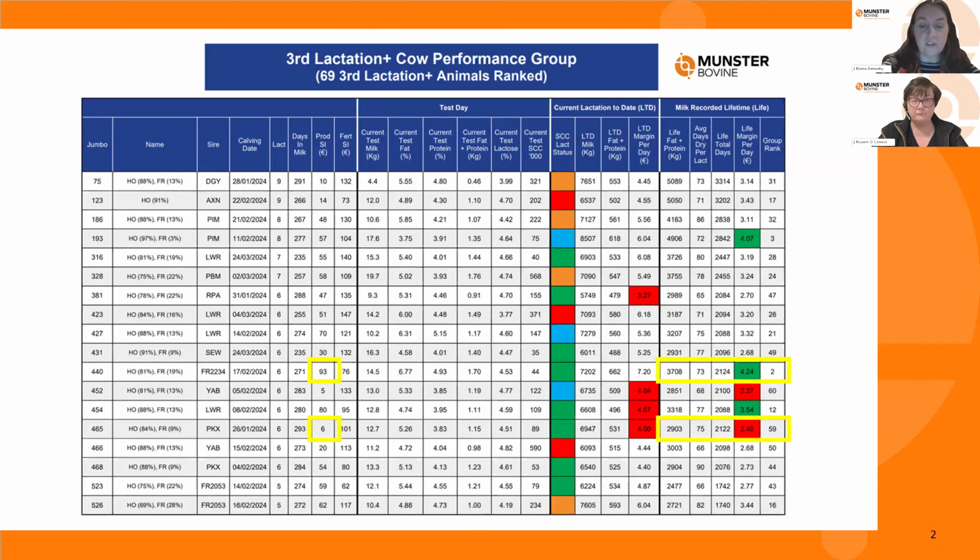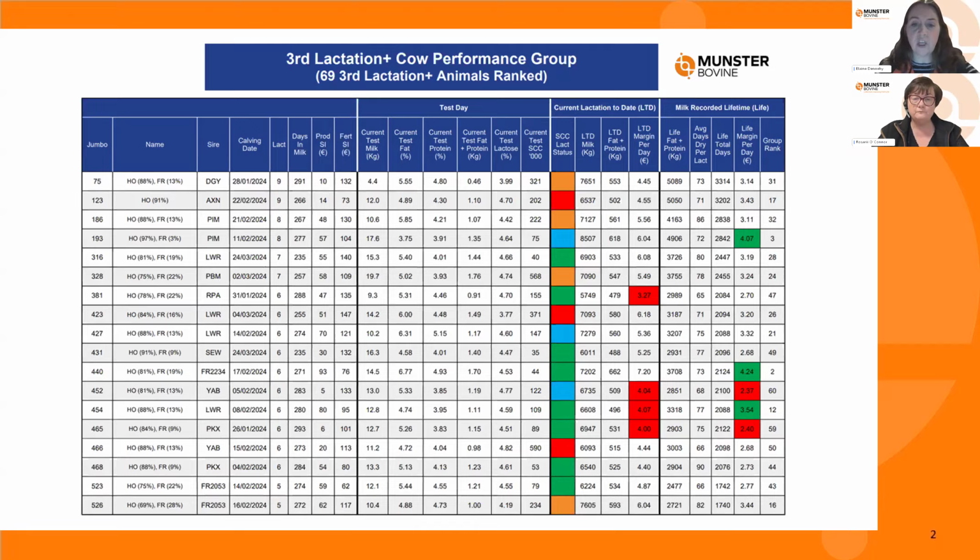And over here on the left-hand side, you can see there the difference between their production subindex, so their genetics for milk. The animal that's in the top 20% is at 93, whereas the animal that's in the bottom 20% is at 6. So look, those animals with that low production subindex, they're just genetically not capable of producing what some of the other cows are producing.